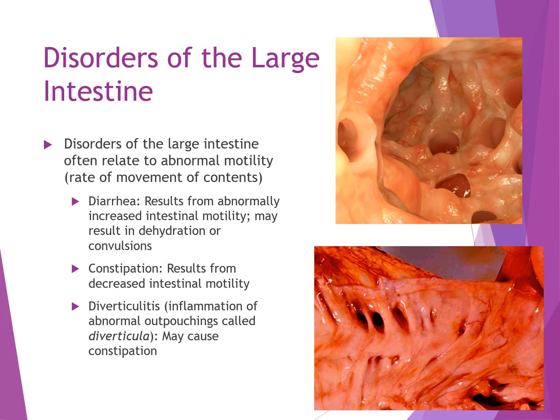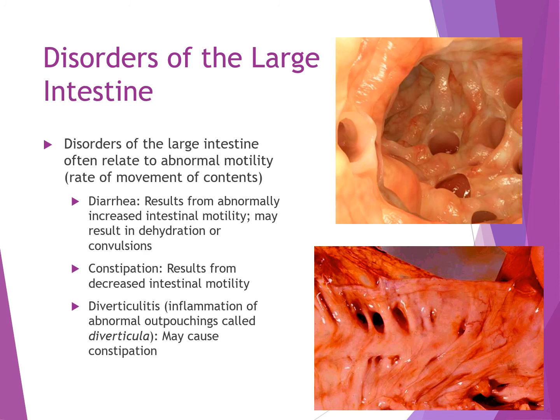So what can go wrong with the large intestine? Well, if there is a change in the normal motility, or the rate at which the foodstuff moves through the large intestine, then we can have issues. If the product is moving too fast, then we are going to get diarrhea because there is not enough time for the large intestine to do its job and absorb the fluid like it should.